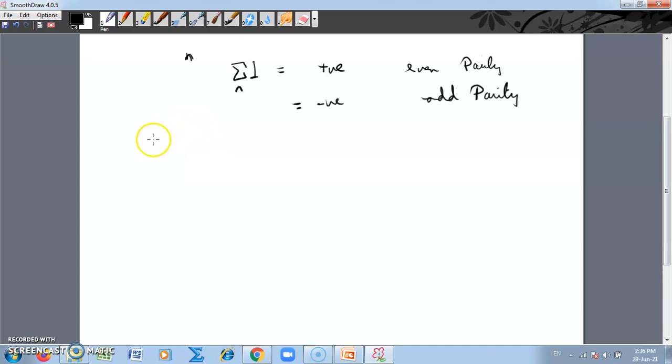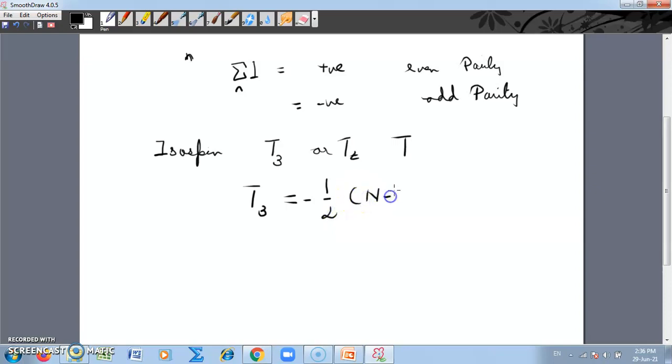When I speak about isospin, for a given nucleus, the isospin is generally denoted by T3 or Tz instead of T. So T3 for a nucleus is equal to minus half (N minus Z), and this N minus Z is also called the neutron excess.